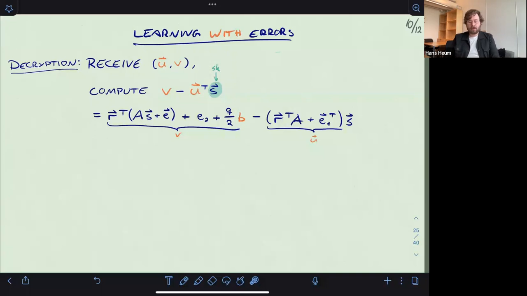On the left here is essentially what I've copy pasted as V, and on the right-hand side, I have copy pasted what we wrote for U. So in particular, as we unpack this, on the left, you get an R transpose A S term. And on the right, you also get an R transpose A S term, which is exactly as we had with our previous non-secure version of this crypto system. However, you are also left with a bunch of error terms, which do not cancel.